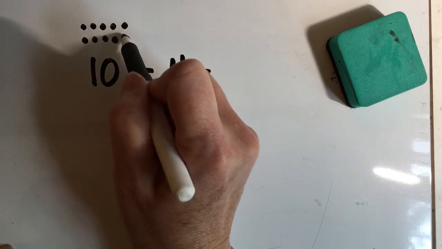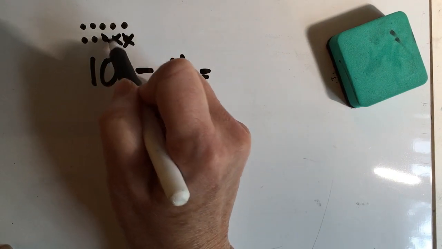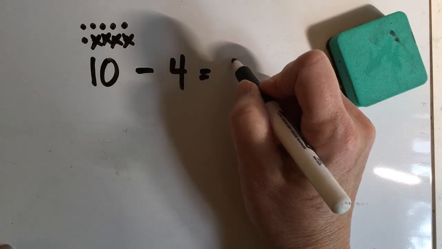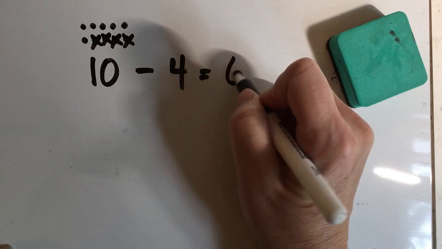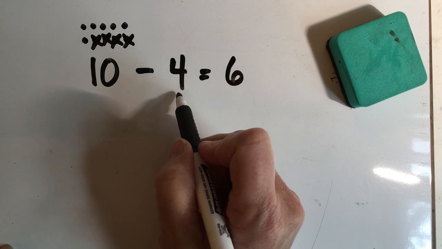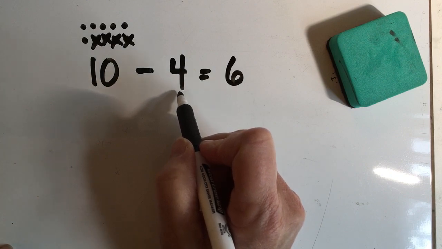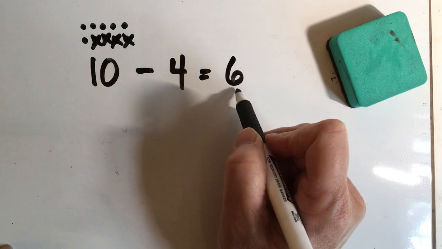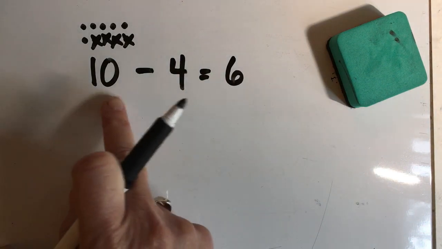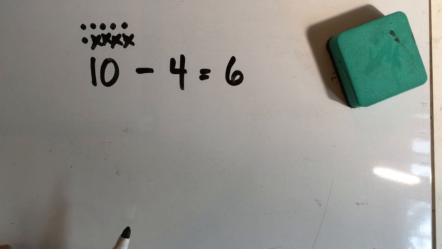So let's do it. How many are left? Quick. You're fast with 10 frames, so I know you know. 6. So 10, and I take away or separate 4, subtract 4, then the difference is 6. The answer is 6. So 10 minus 4 equals 6.